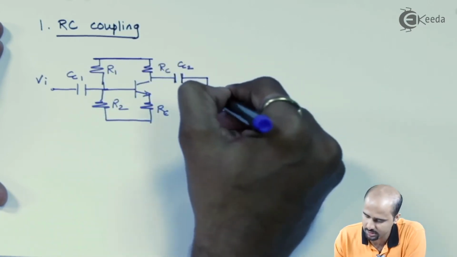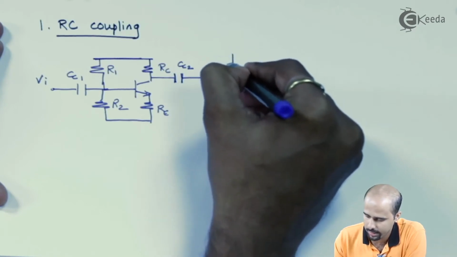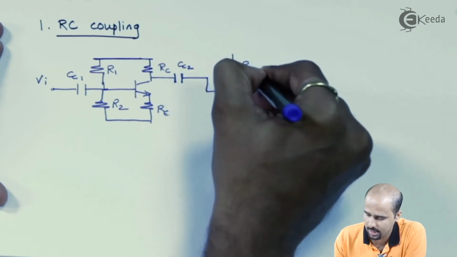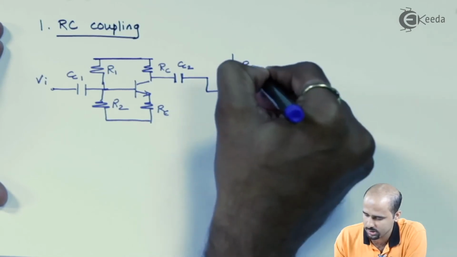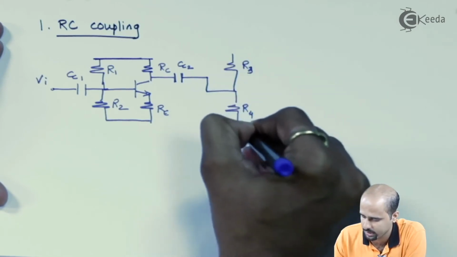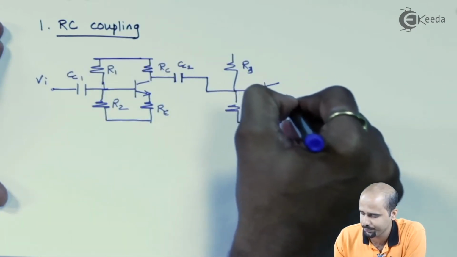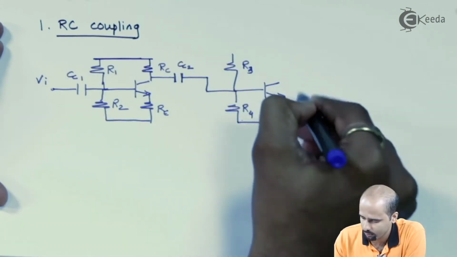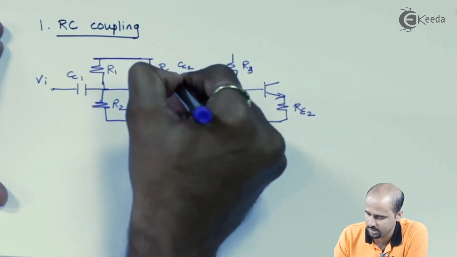Here I am drawing the second stage. I can say this is resistance R3 and R4, as it is combined with R1 and R2, then RE2, and here RE1, RC1.